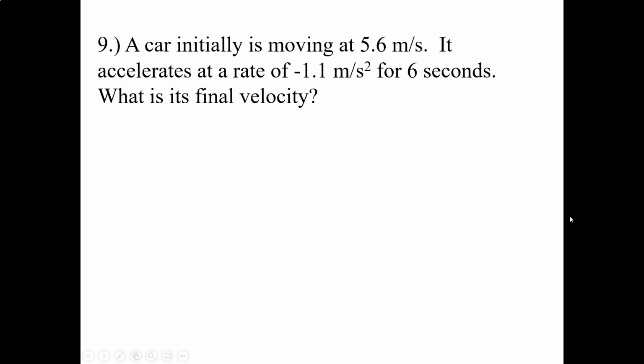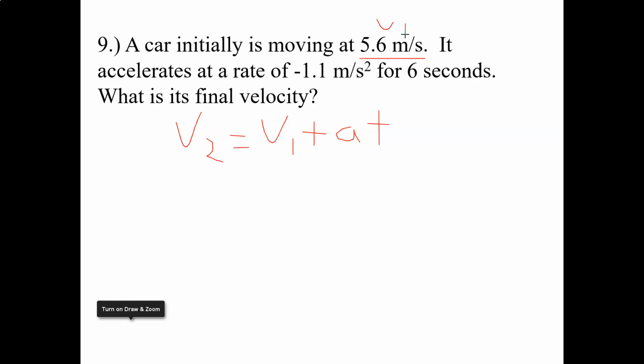Let's do number 9. A car initially moving at 5.6 meters per second accelerates at negative 1.1 meters per second squared for 6 seconds. What's its final velocity? Okay, well, I'm going to use the form of the equation v2 equals v1 plus at. So we've got our initial velocity v1 is 5.6 meters per second, and then we've got negative 1.1 meters per second squared.